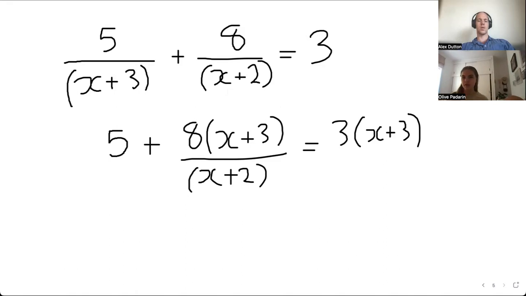Okay, good. And then do we expand it out? Then you have to do a load of expanding. So eventually this turns into all of this.